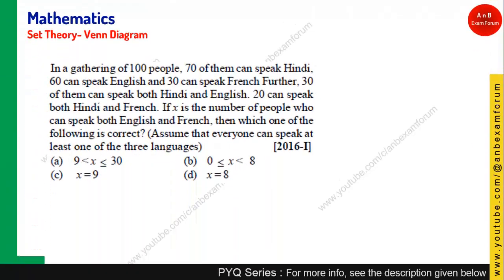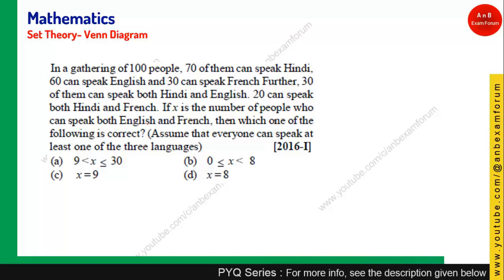But this question is a very tricky one. It is a lengthy one, and it is very difficult to solve with a Venn diagram because it has 3 variables.